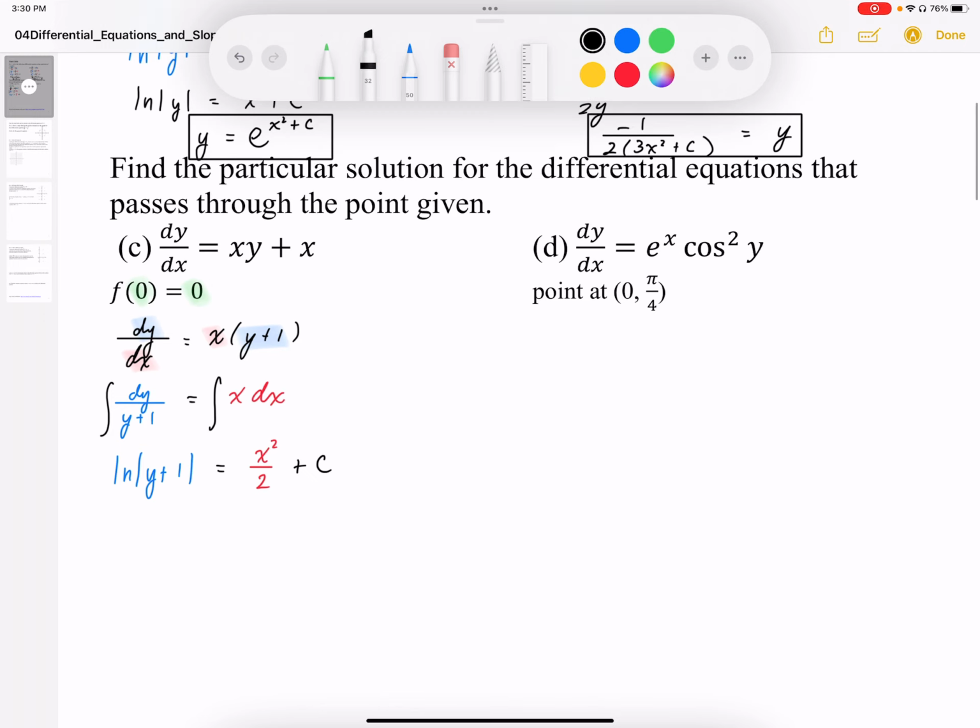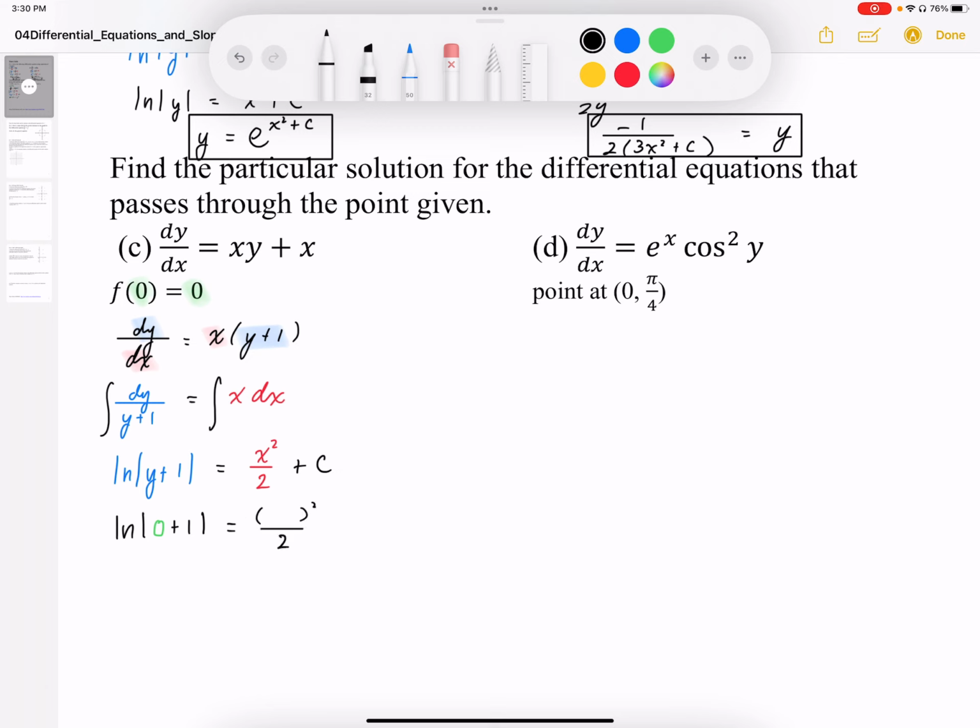So I end up with log y plus 1. That y value is 0, and that's going to be equal to x squared over 2.